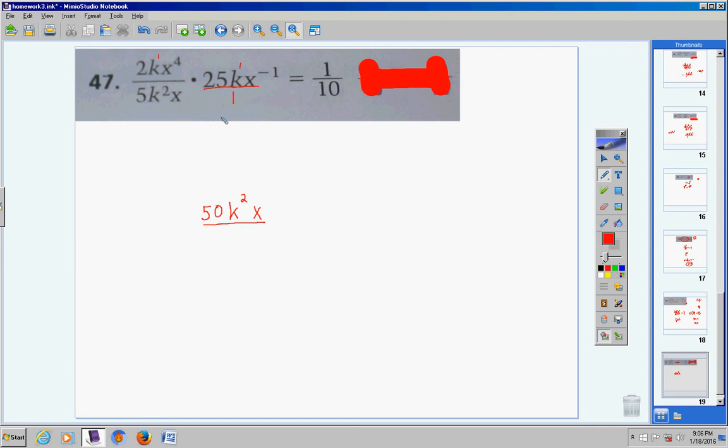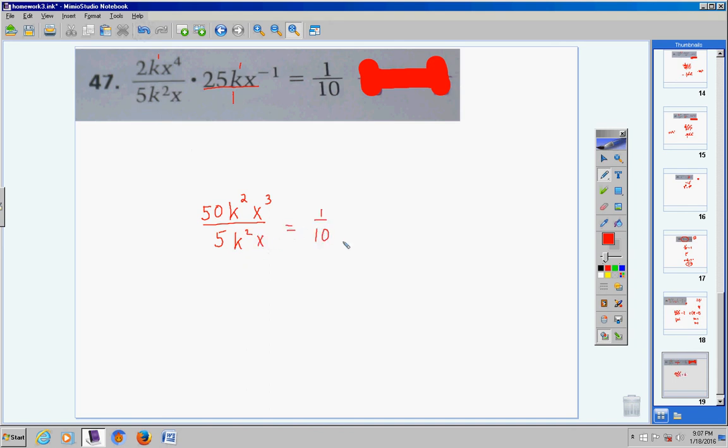Write your base once. Add your exponents. 4 plus negative 1 is 3. Moving on. Now we're going to take this times 1. Anything times 1 is just itself. So I have 5k squared x cubed equals 1/10.